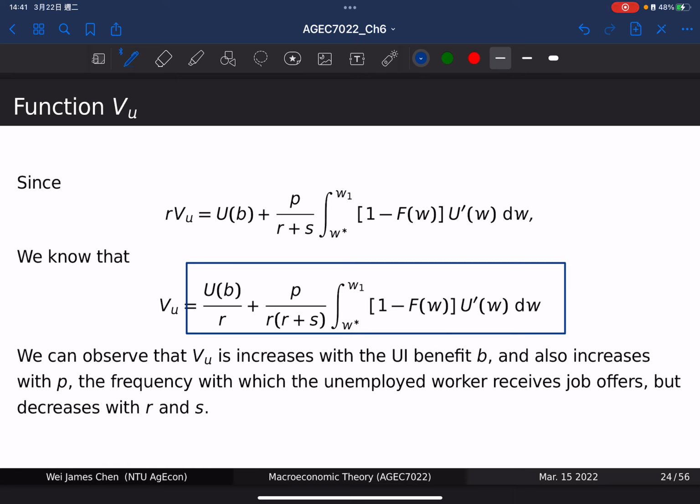So this is increasing, this is decreasing. So it must be the case that there is a unique value of W star that makes this equation true. So that means we can use this equation to find the W star that we conceptually had before.